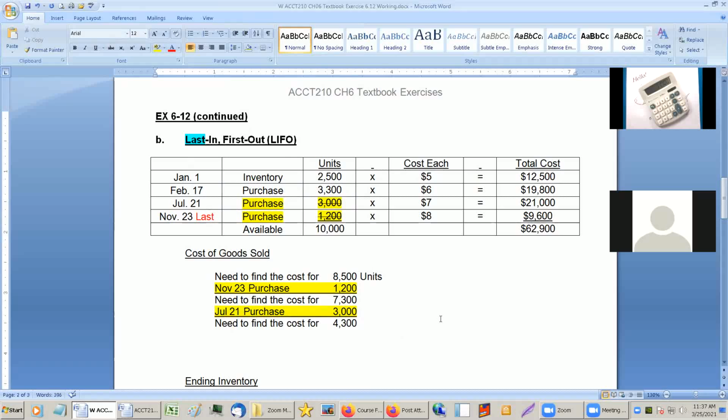February 17th. Again, these purchases are just the same thing as the inventory, just inventory layers. They purchased inventory.